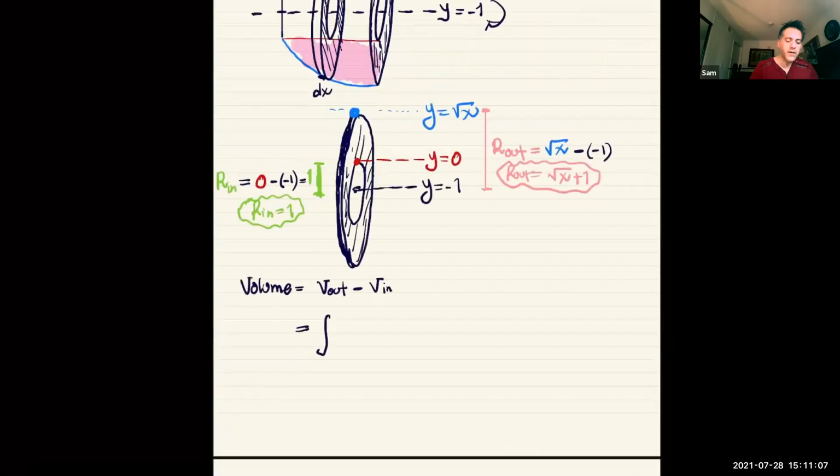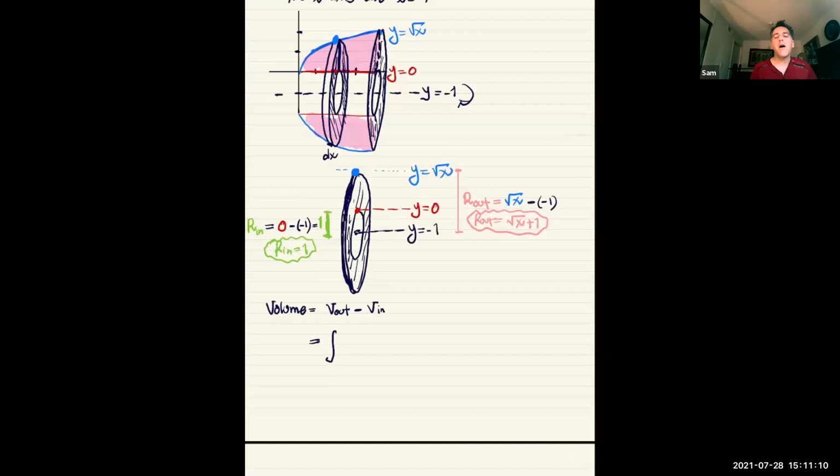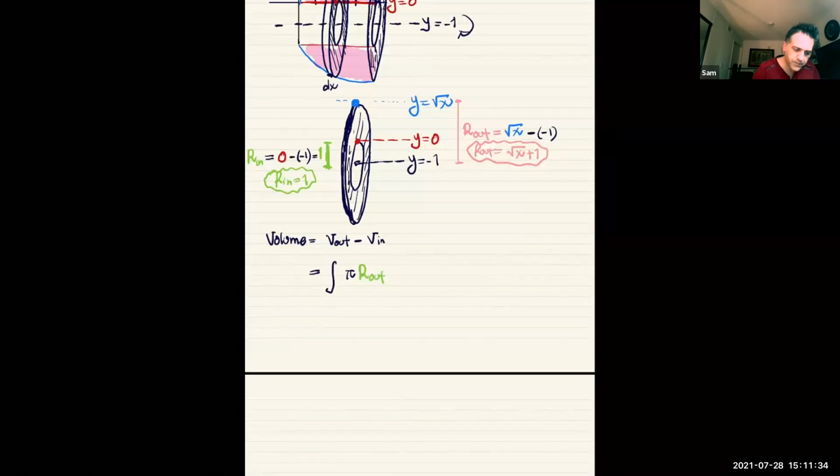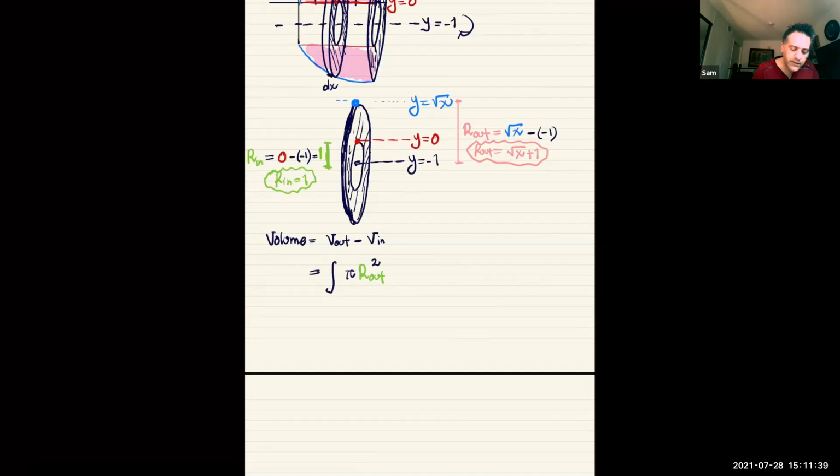All right, so again, the volume is, think of this as a cylindrical shell or a cylindrical washer. Volume is pi r squared times, let me write it down. So it's pi times r squared, the big R. Okay, times the thickness, which is dx.